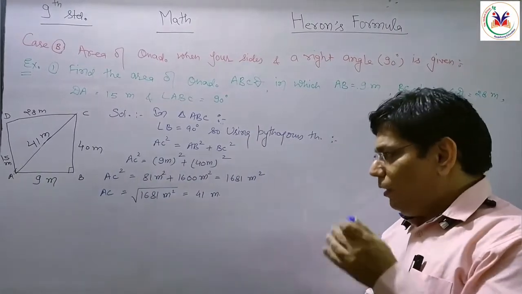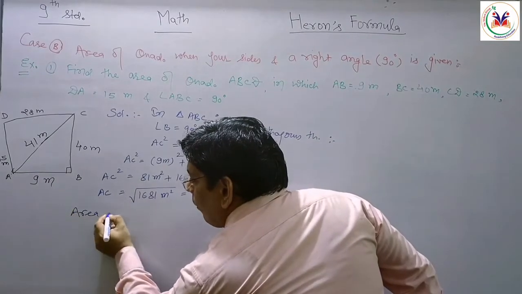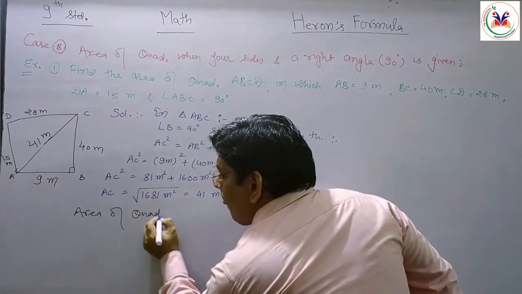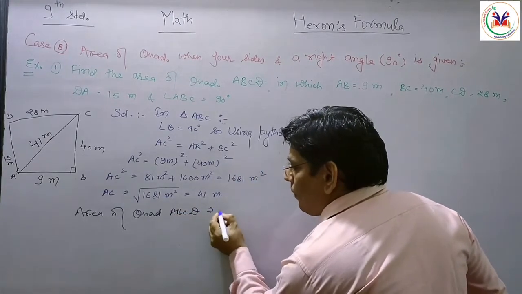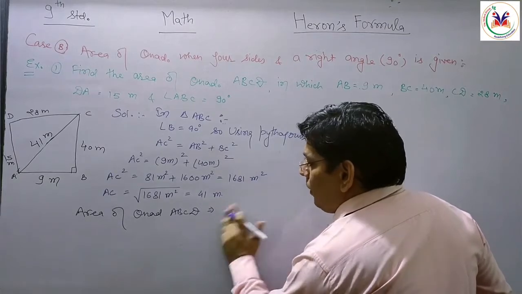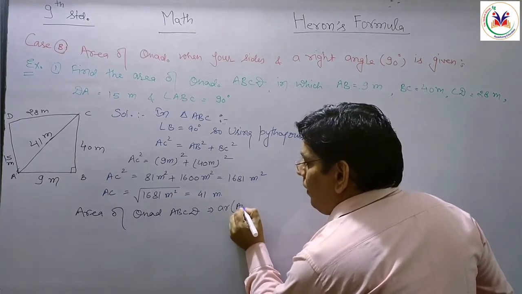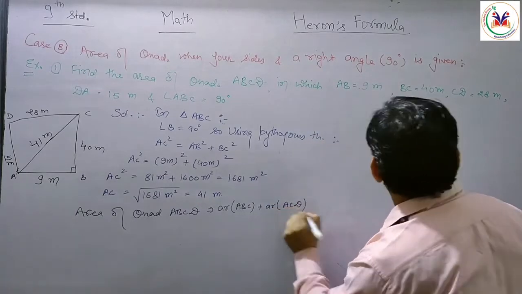use कर सकते हो. Now area of quadrilateral ABCD equals to area of triangle, or you can say area of ABC plus area of ACD.